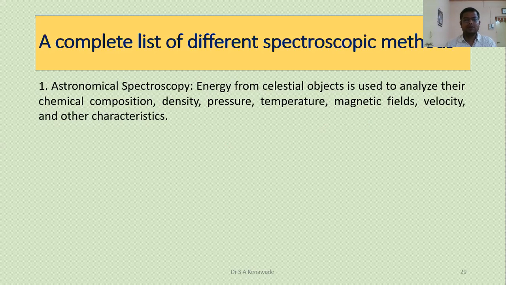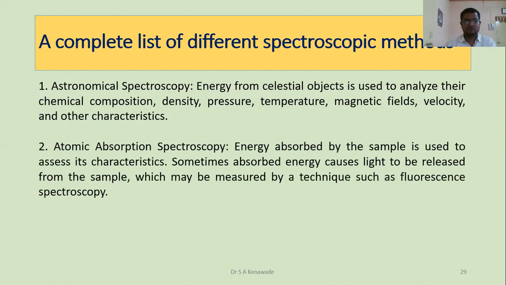If you want information regarding structure, size and shape, then these characteristics can be studied by use of astronomical spectroscopy.